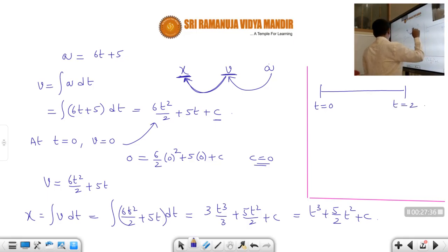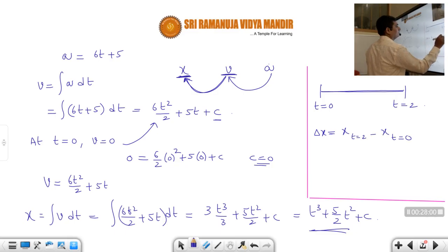Now this is the equation for x. Since they are asking distance, which is called displacement, I can write delta x is equal to, directly I can calculate delta x. Substitute t equal to 0 and t equal to 2. Delta x is nothing but x at t equal to 2 minus x at t equal to 0.